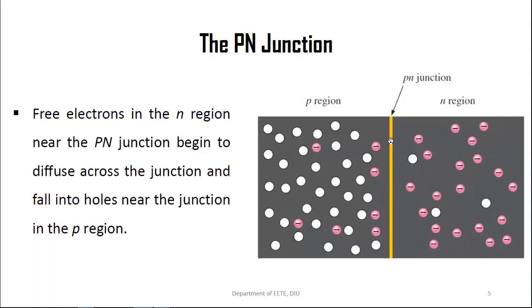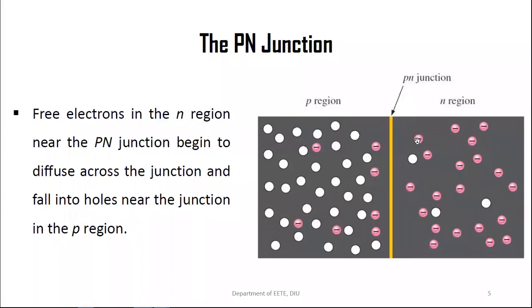You see that in this junction, the electron will attract the hole because they have opposite charges. Positive and negative always attract each other. So the hole and electron will combine.